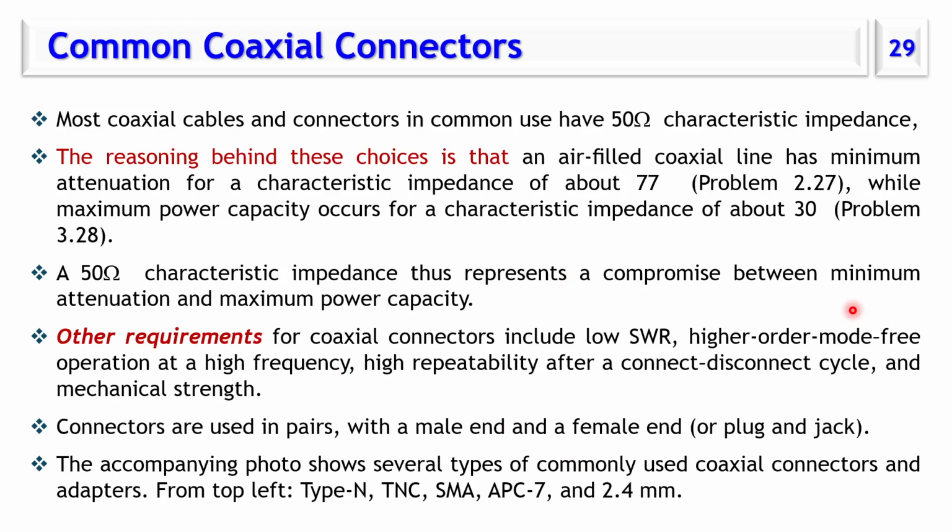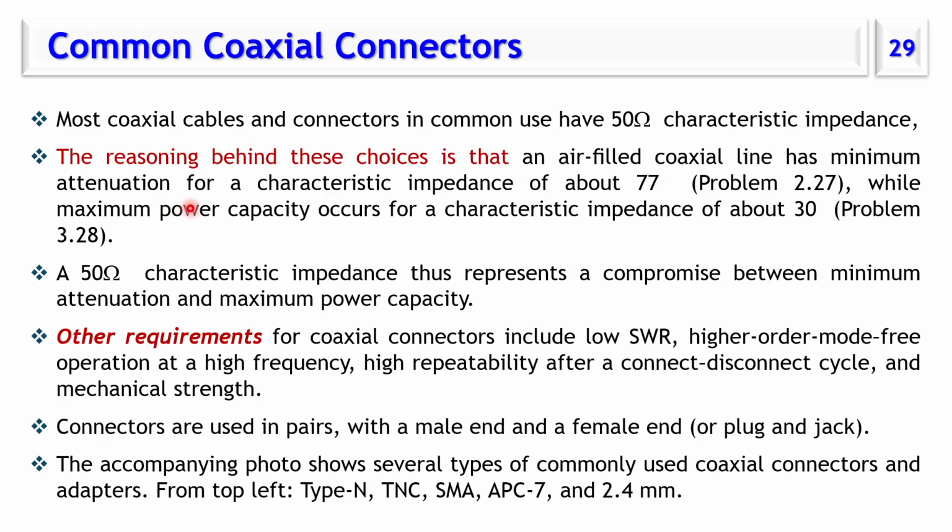But first, a quick comment about why 50 ohm is a very common and famous impedance for transmission lines. This idea comes from optimization of the transmission line dimensions, either for minimum attenuation, minimum loss, or for maximum power capacity.